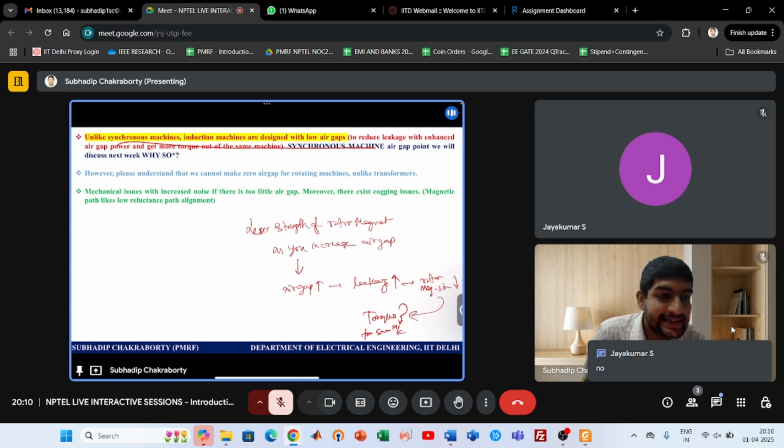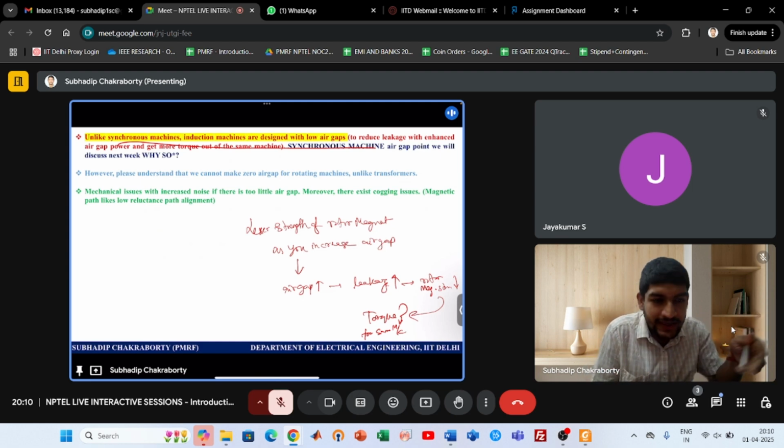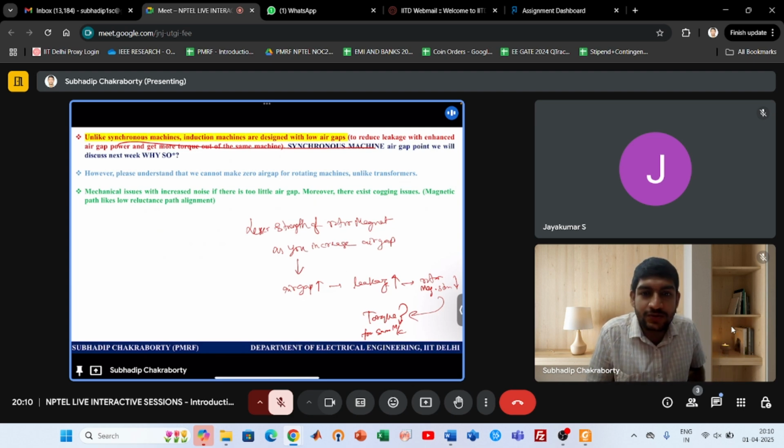But please understand that does not mean we keep it zero. Keeping it zero has other mechanical consequences like more noise, more friction and windage loss. There are bearings, because we also want to take the shaft out. So there will be some coupling between the static and rotating body. We have bearings, but still there is an air gap. Air gap is necessary because you cannot completely push the rotor to the stator.